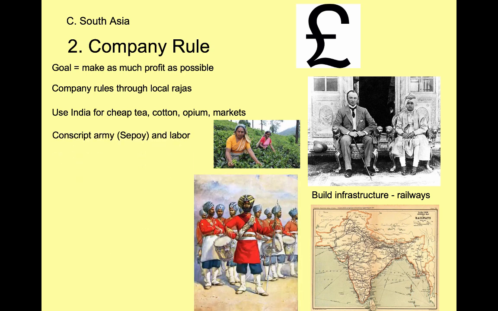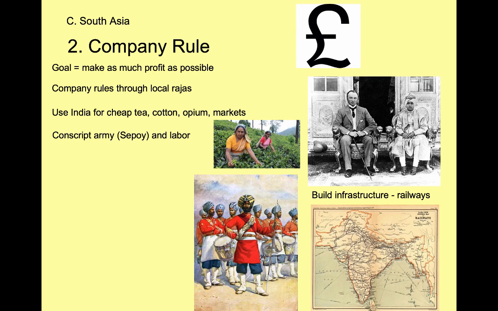Now, even with the British East India Company equipping their own soldiers with machine guns and repeating rifles and artillery, it's still not enough. India has a lot of people. So to help keep the peace and keep protests down, the British East India Company will hire local South Asians to augment their army.